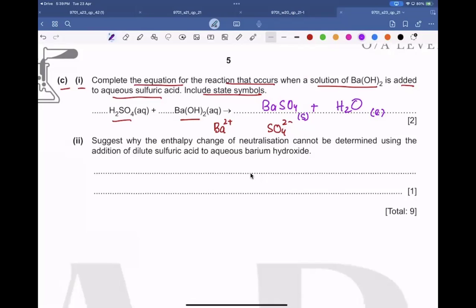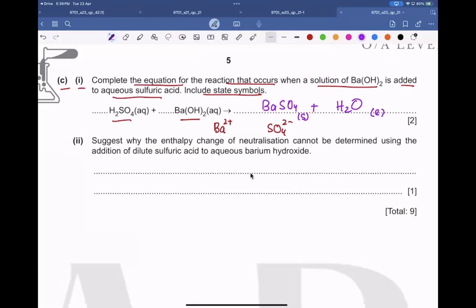Okay, so they are asking why the enthalpy change of neutralization cannot be determined. It is because in the above equation, if you see, the salt formed is a solid, there are precipitates of the salt. So obviously, as precipitates are formed instead of aqueous, the formation of precipitates also involves some energy change. So we get the total energy change, and we are not able to get just the enthalpy change of neutralization only. So that's why we are not able to calculate the enthalpy change of neutralization over here.